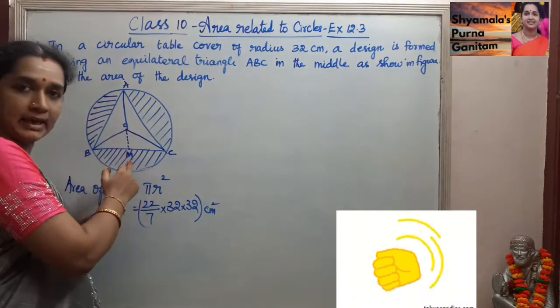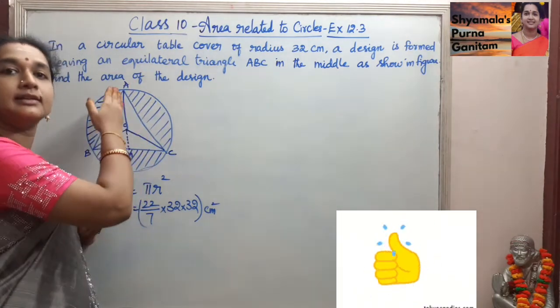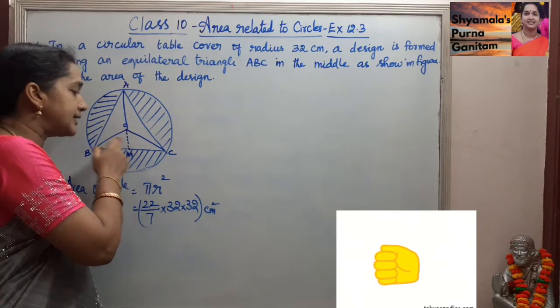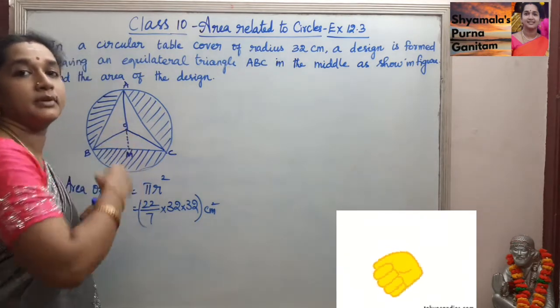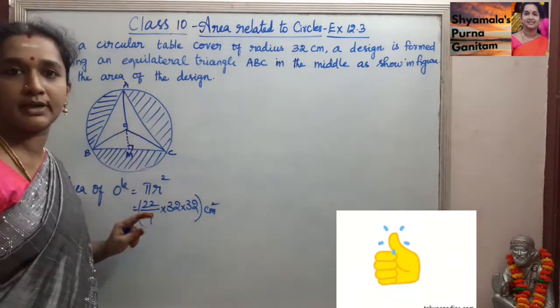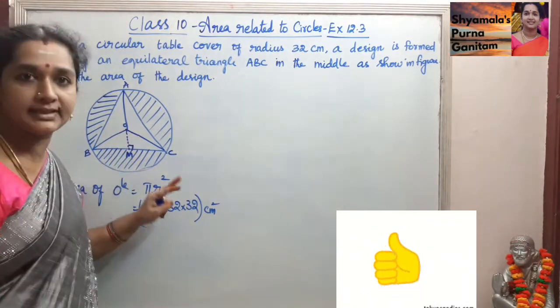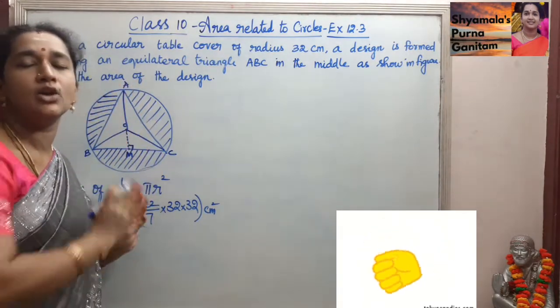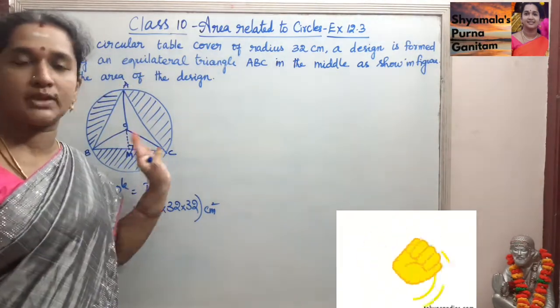For an equilateral triangle, the median bisects the opposite side at perpendicular, that is, at 90 degree angle. So M is the midpoint of BC, and AM is the median of this equilateral triangle.